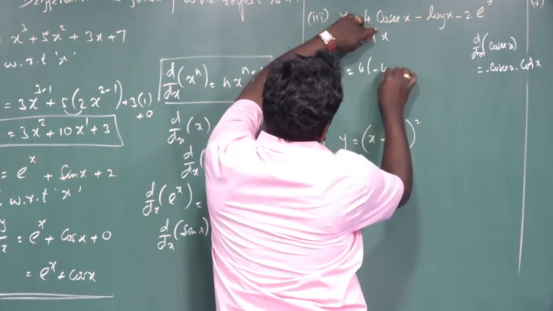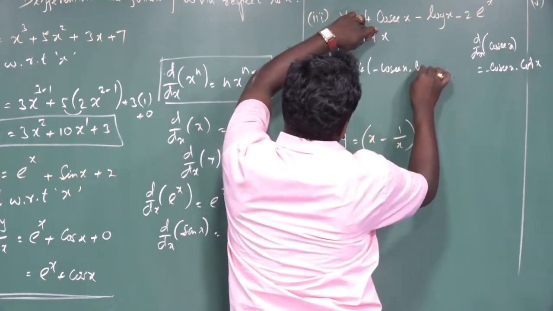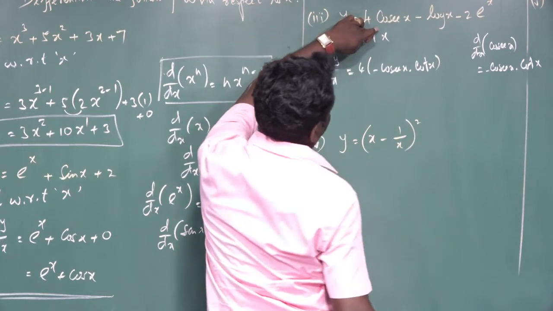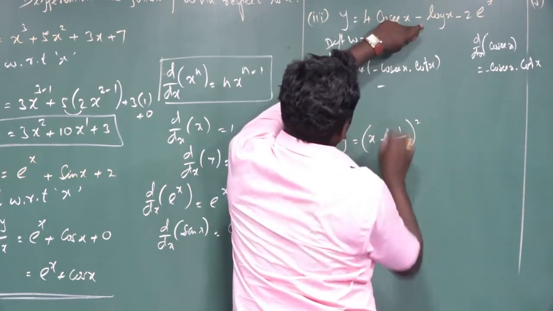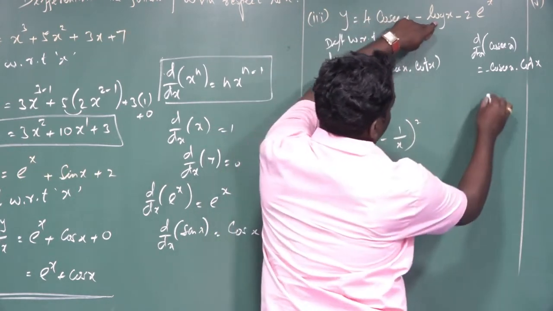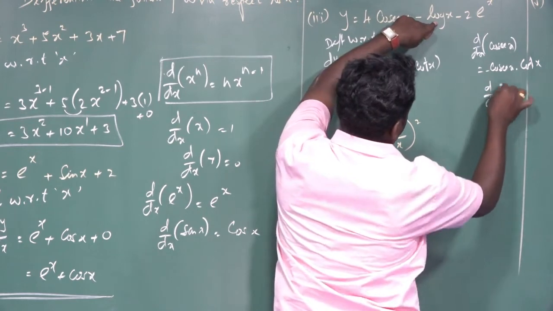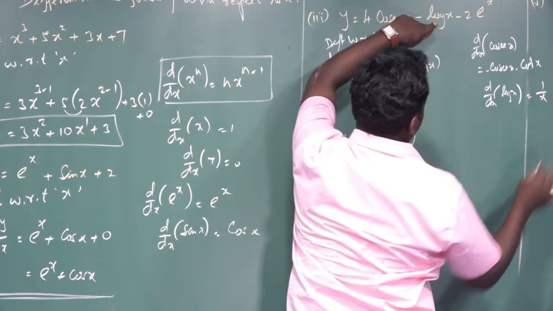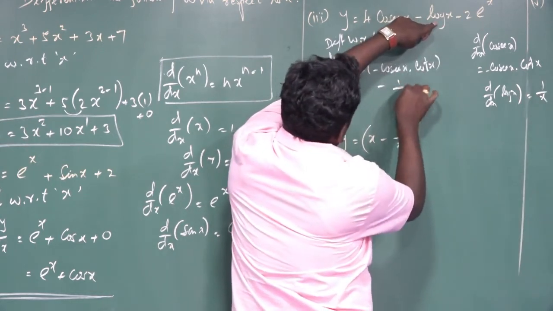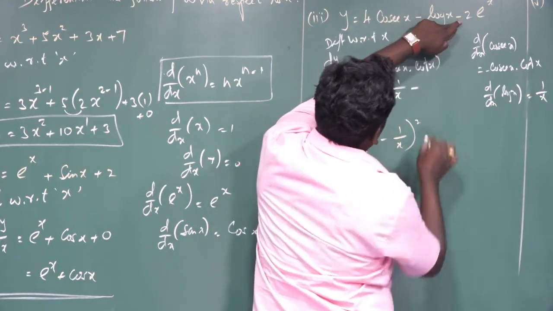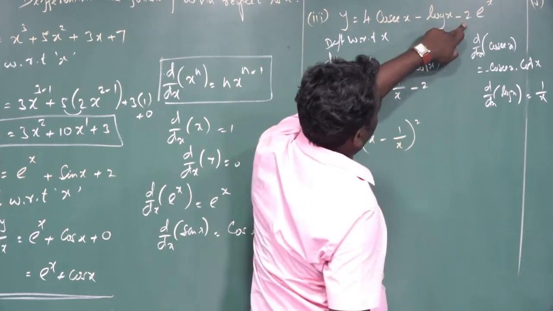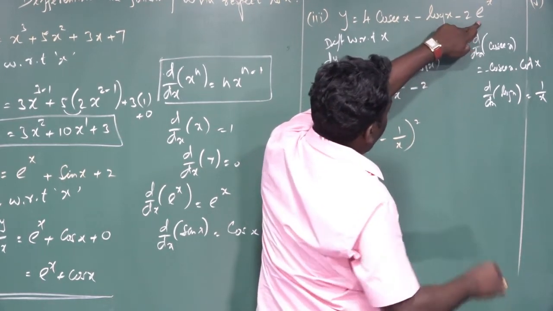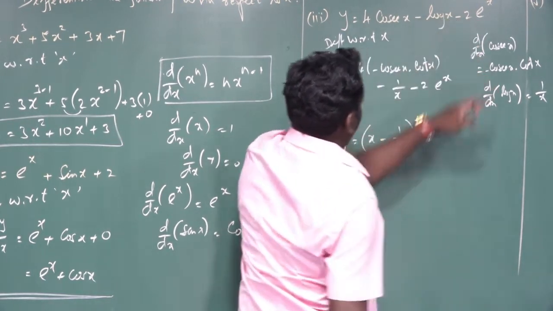Therefore minus cosecant x into cot x as the formula. Then minus log x, the differentiation of log x is equal to 1 by x. Therefore log x gives 1 by x. Minus 2 is the coefficient term, and the differentiation of e power x becomes the same e power x.